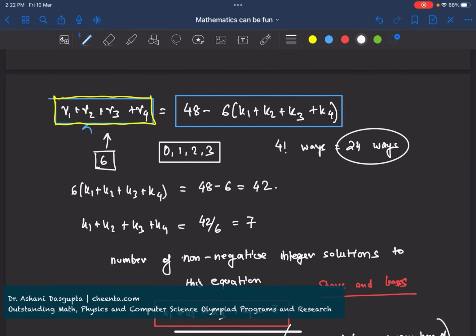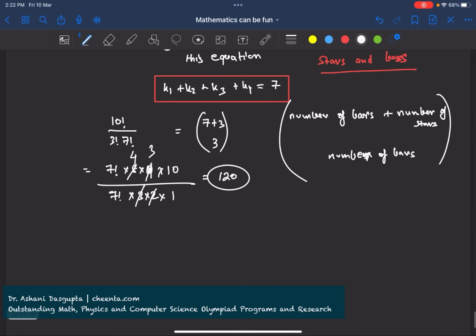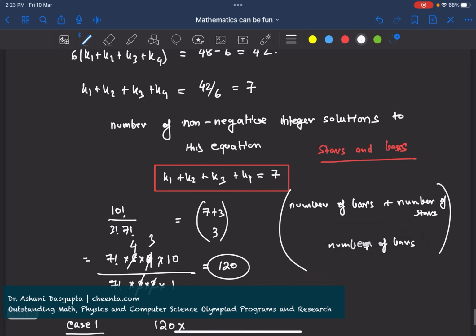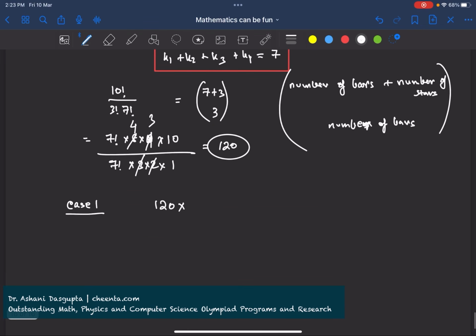And we found K1, K2, K3, K4 can be distributed in 120 ways. So we have case 1, the number of possibilities is 120 times 24, which is 2880. That's case 1.